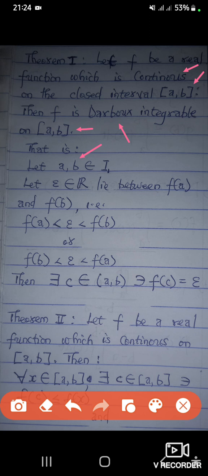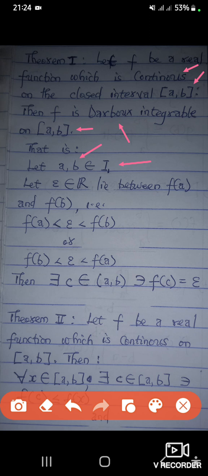let us consider the points a and b in the open interval, I call it I1. So let's consider a and b as members of an open interval I1.